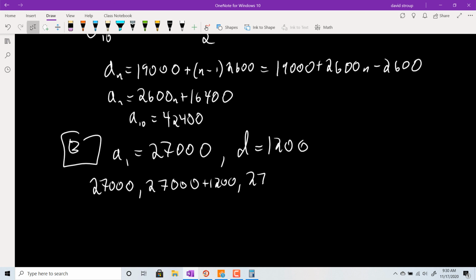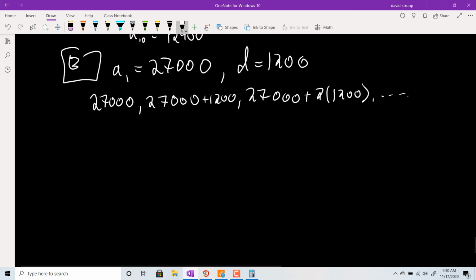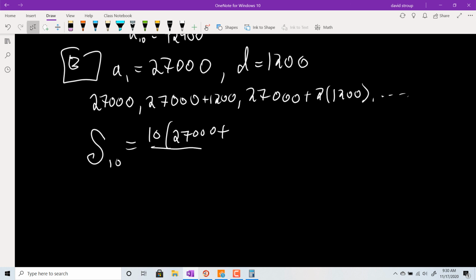And then 27,000 plus 2 1,200s, etc. We need S sub 10 again. S sub 10 will equal 10 times a sub 1 plus a sub 10 all over 2.